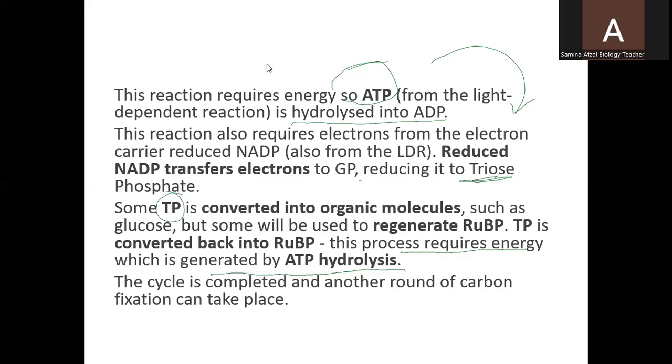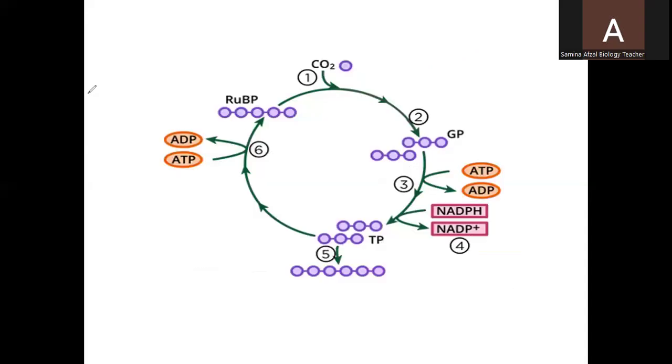Here I can explain this with the help of this diagram. As already told you, ribulose biphosphate is a 5 carbon compound. It will combine with carbon dioxide to form a 6 carbon compound, which will break down into 2 molecules of glycerate phosphate.